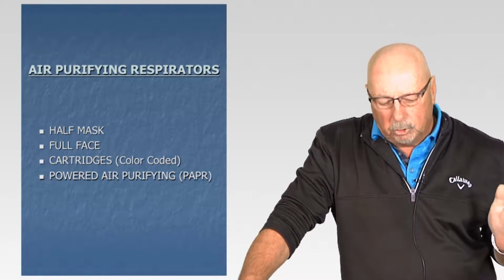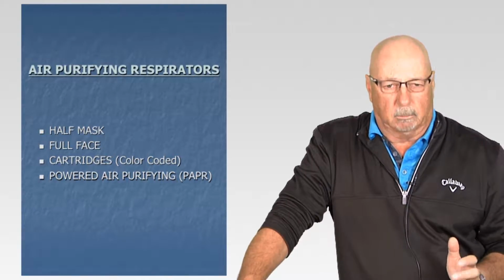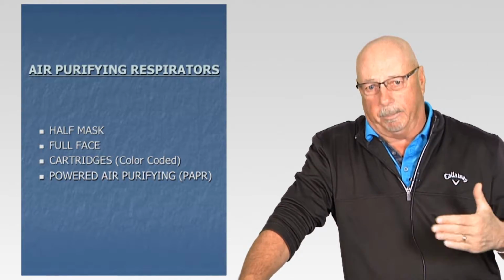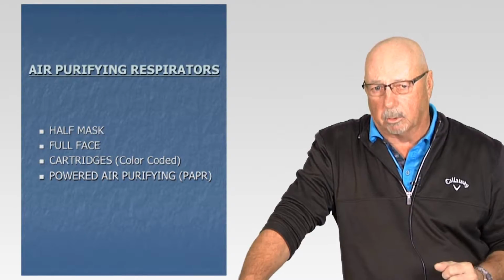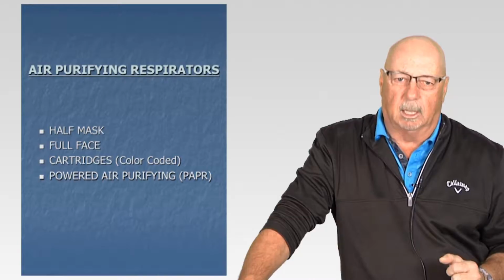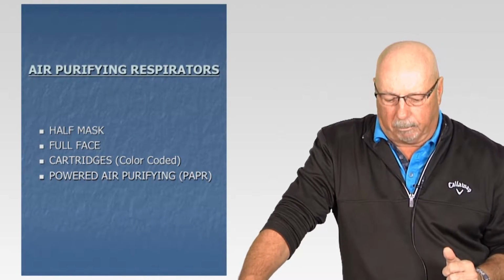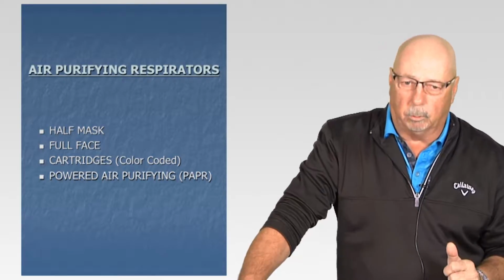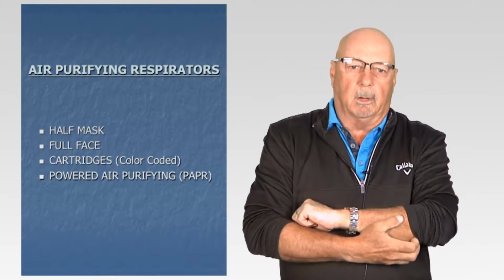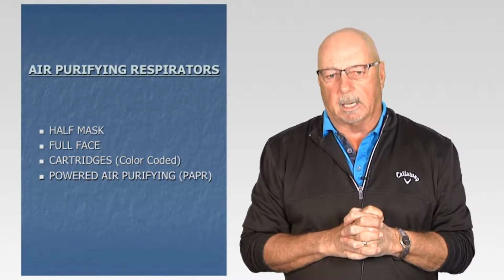And generally speaking, when we go to select a respirator, if we need to provide eye protection from chemical exposures and so on, then it's probably best to select a full face type of respirator that provides you the eye protection that you need.